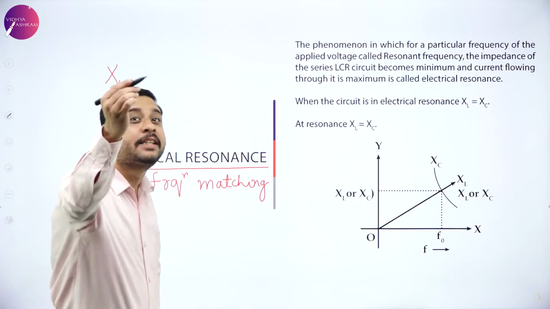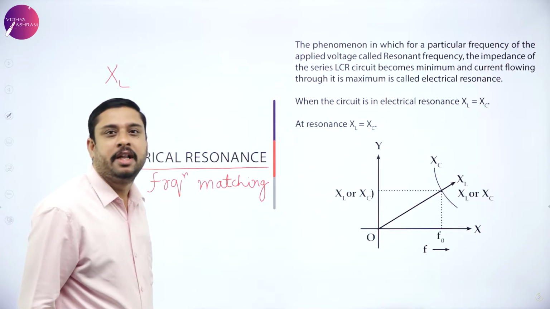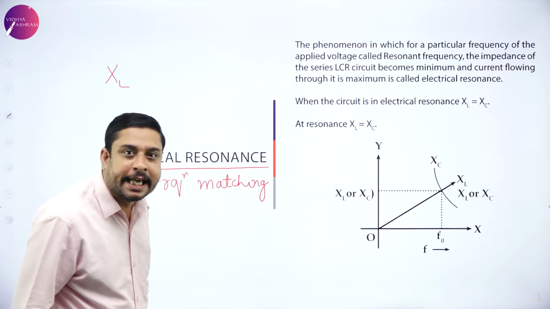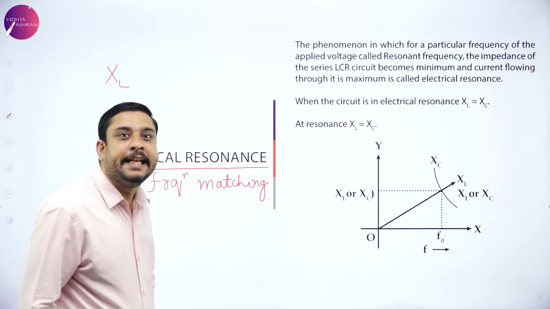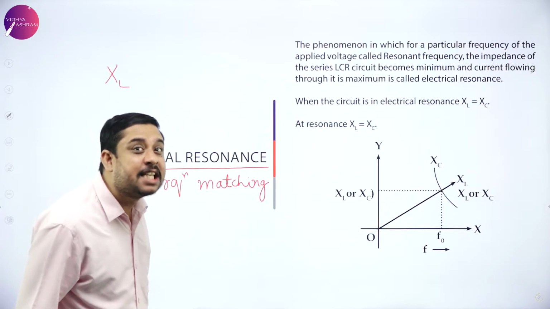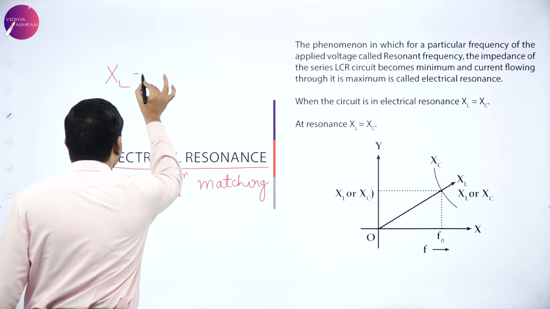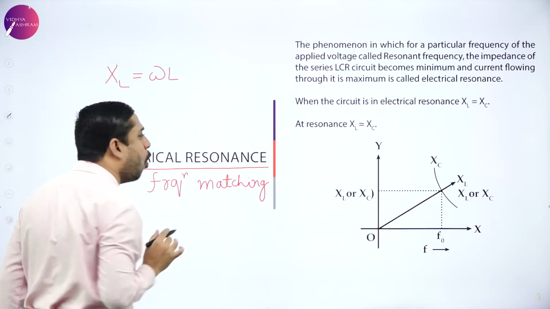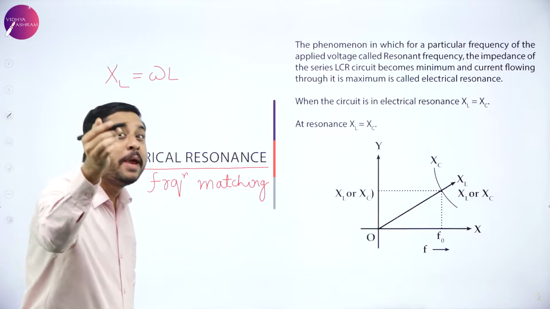Inductive reactance, we told, is the opposition offered by the inductor to the flow of AC current, and we wrote XL is omega L. What was omega?